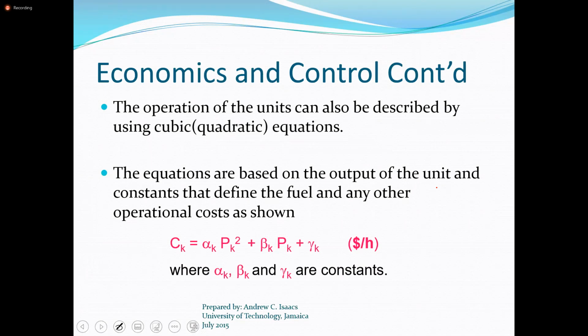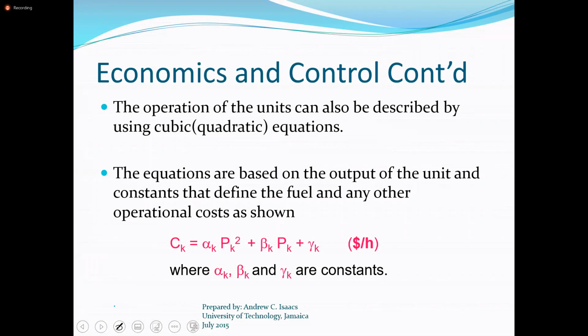Now, I'm showing you here, the highest power here is 2. But you can have cubic equations. And so gamma here, let me just change that ink.